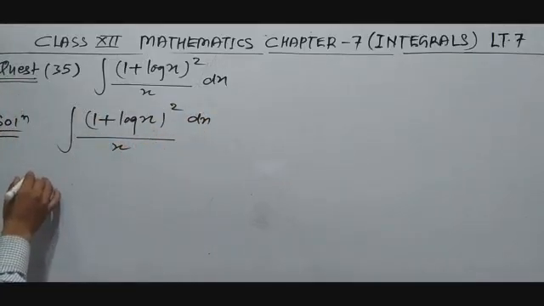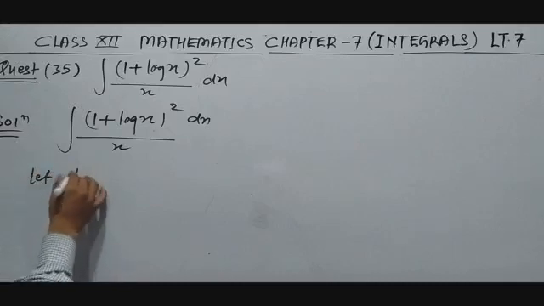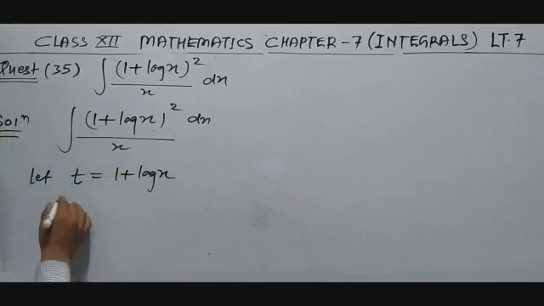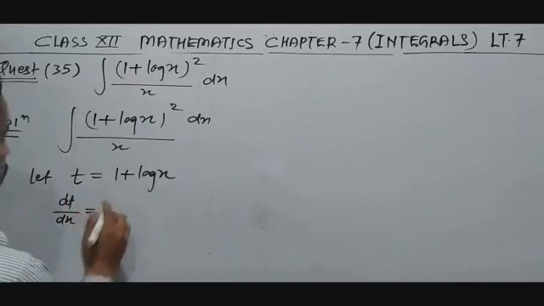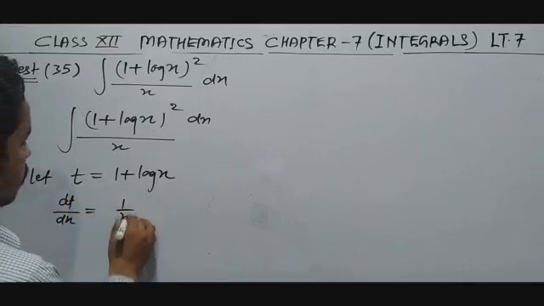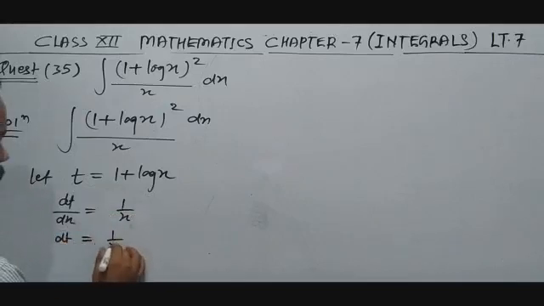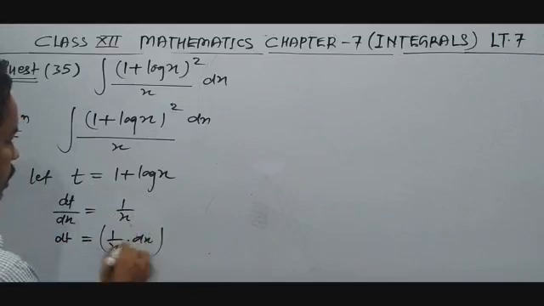In this question first of all you will consider, let t be equal to 1 plus log x. Then what will be the result after differentiation with respect to x? The result will be 1 by x, because the differentiation of 1 is 0. So dt can be written as 1 by x times dx.